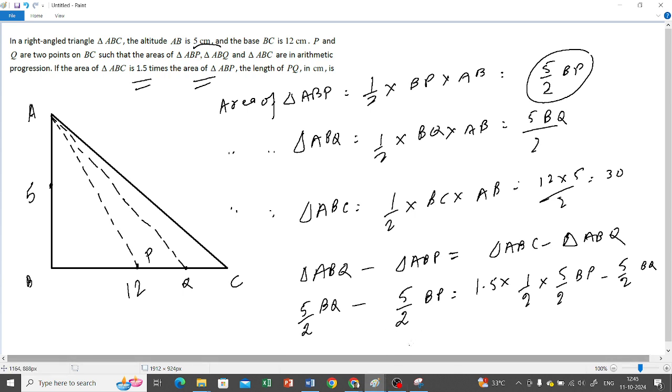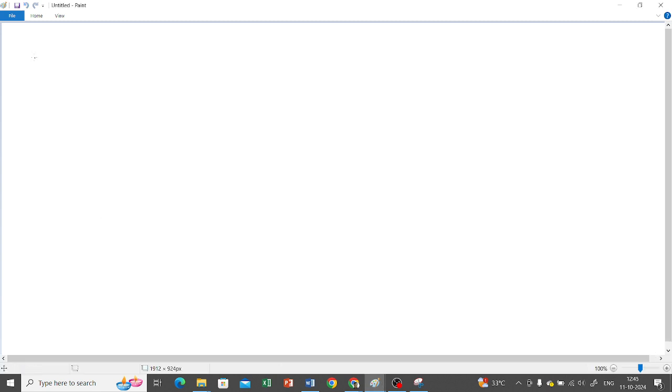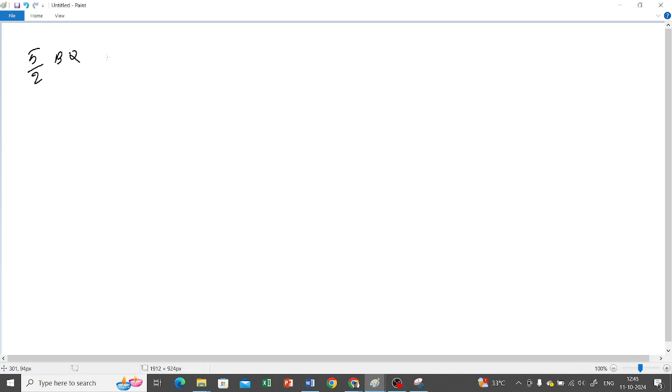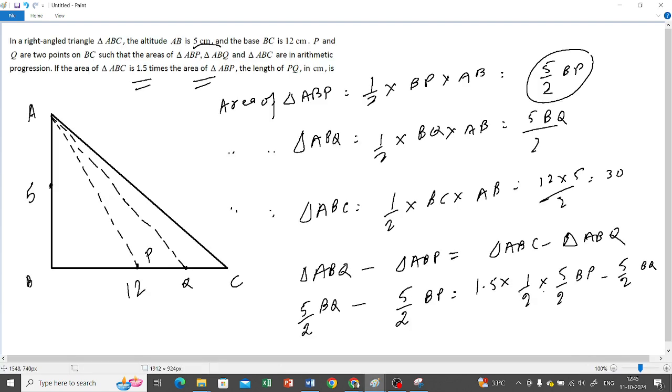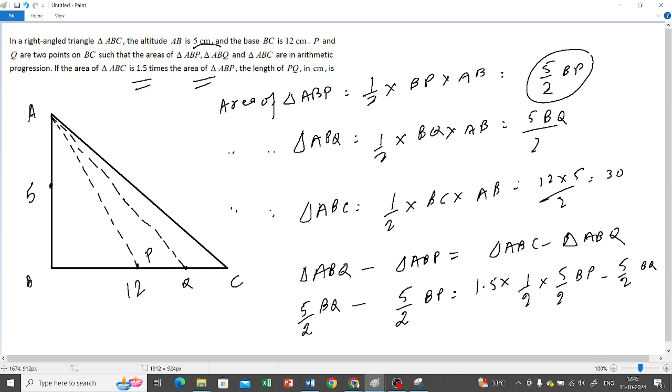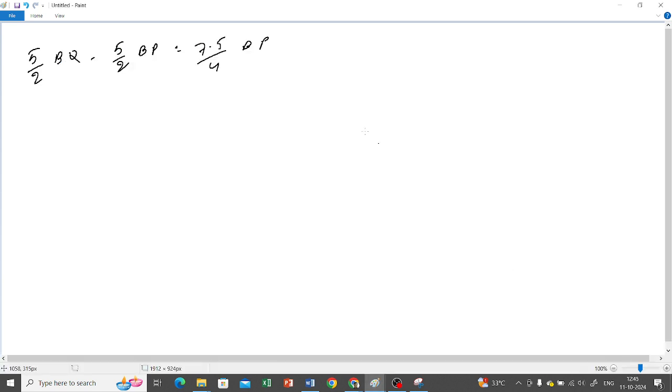Okay, now 5 by 2 PQ. I'm going to simplify this. This is going to be 7.5 by 4.